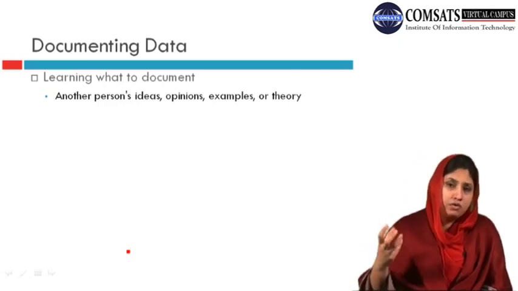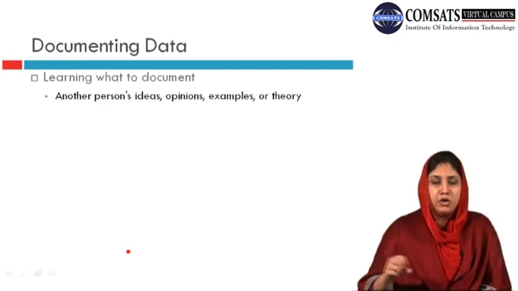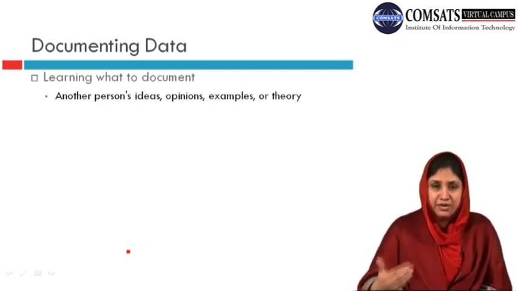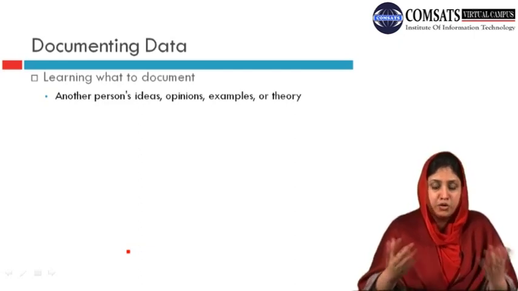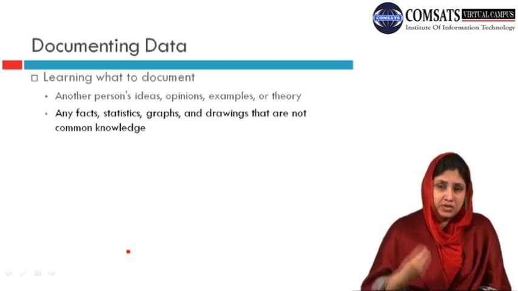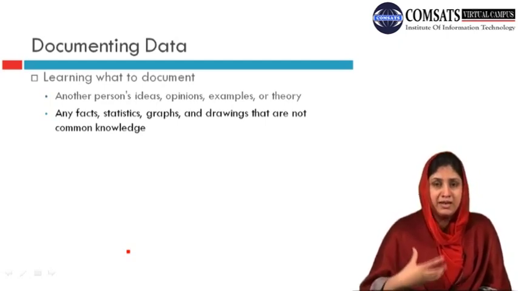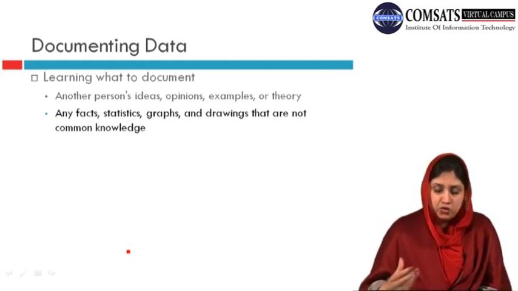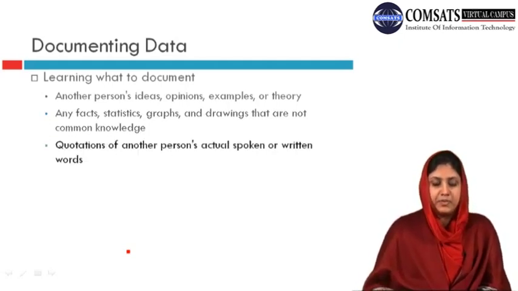So you are involving a broader spectrum and applying it to your work to see it from different angles. Any facts, statistics, graphs and drawings that are not common knowledge, you can put inside your data to enable your data to stand as something that has something unique to offer to its readers.